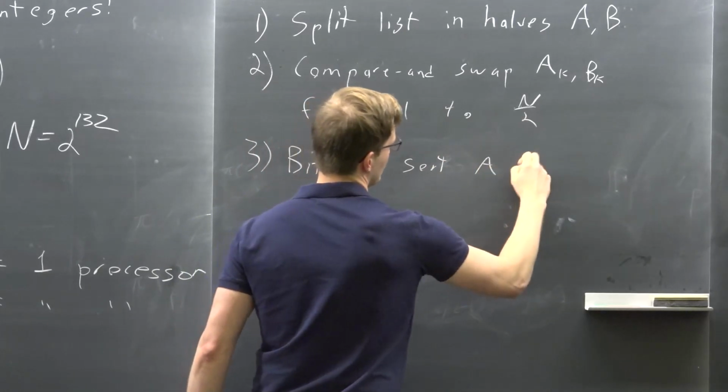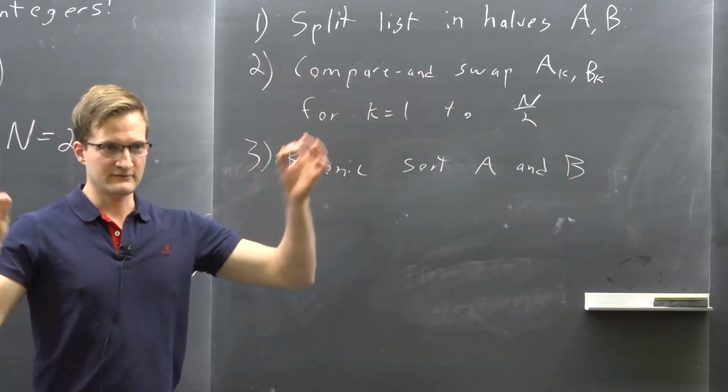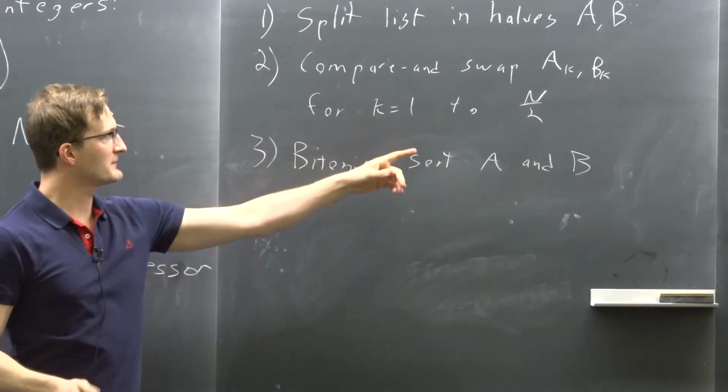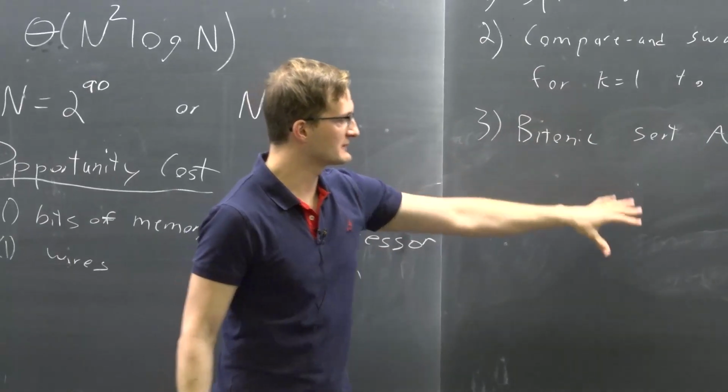Then go through the elements of each list, compare them and swap them to put the smaller elements in A and the bigger elements in B, and then sort the two sublists.